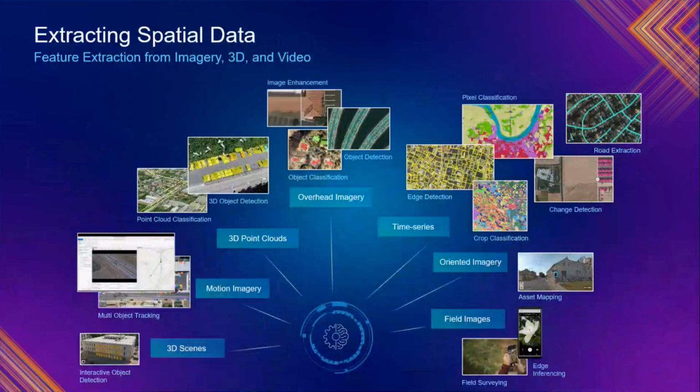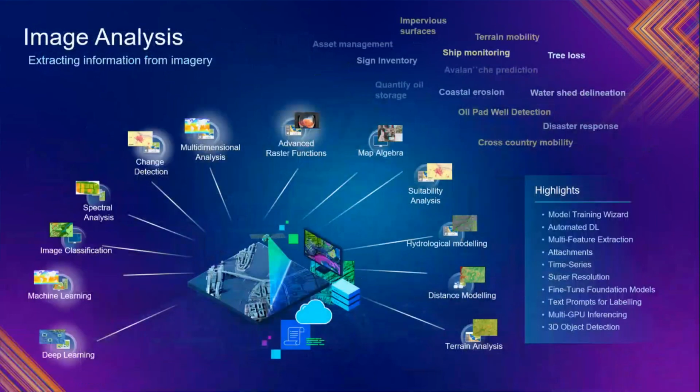From 3D point clouds, which is things like LiDAR data, from overhead or top-down imagery, from time series data. So a lot of these data sets are collected multiple times, and the temporal component, the fact that we see things at different points in time, is very, very important to enable this type of extraction. I mentioned oriented imagery. This is sort of street view imagery, and then also imagery collected in the field. So these are all different types of images that we want to extract information from.